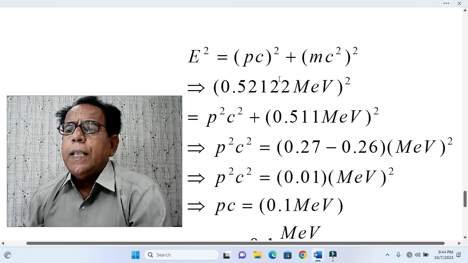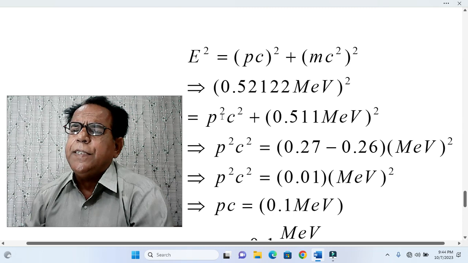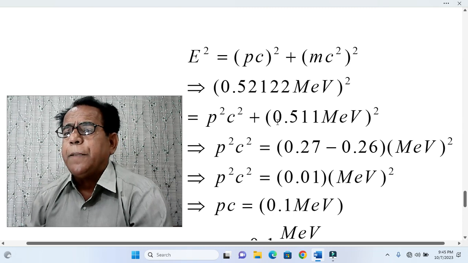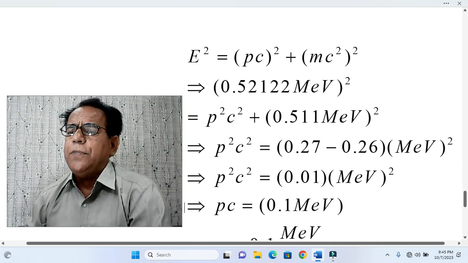Here we have not touched PC square. PC square is the same as P square C square or PC whole square, no difference. Plus the value of mc square is provided in the statement, which is equal to this.